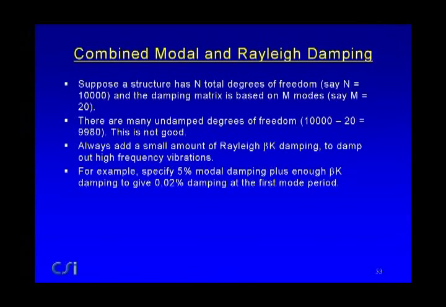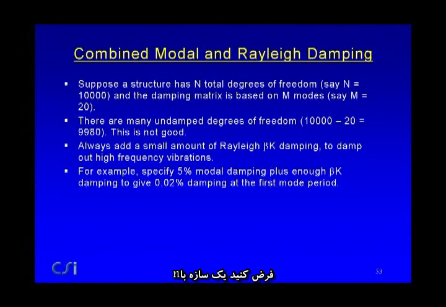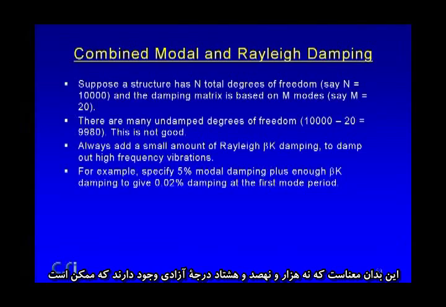If you do that, you're not damping every degree of freedom in the structure. You are damping a certain number of modes. And what this one says is that suppose you have a structure with n total degrees of freedom, say 10,000, and you damp out, say, 20 modes. Well, that means there are 9,980 degrees of freedom that it can have which are completely undamped.